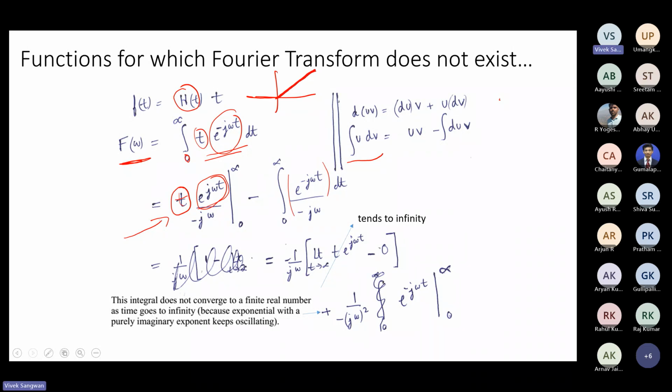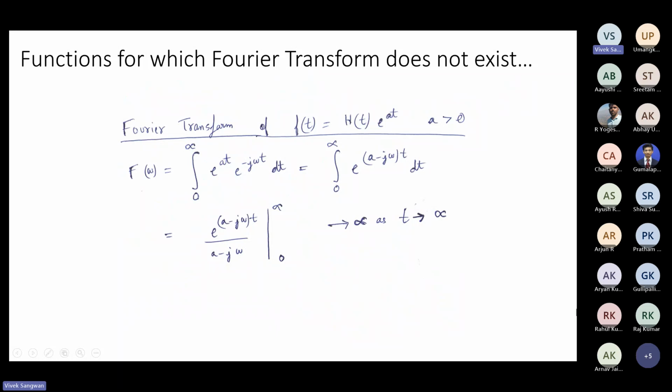The Fourier transform does not exist for a simple linearly increasing function, which we definitely need. We want to be able to deal with polynomials. It does not exist even for t squared, or for that matter any polynomial. So this is not a good thing for us.